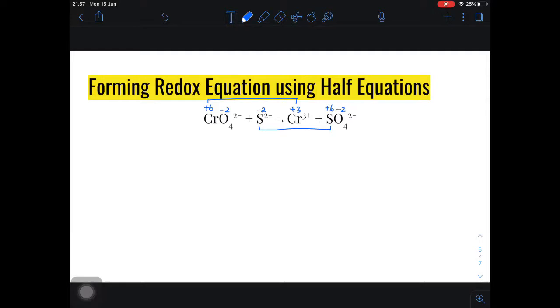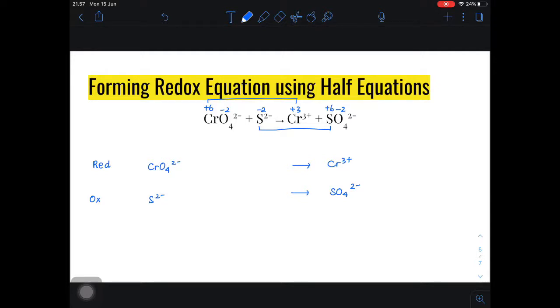So we do know that in the reduction process we have CrO4 2-, and on the product we have Cr3+, and for oxidation we have S2-, and the product is SO4 2-.